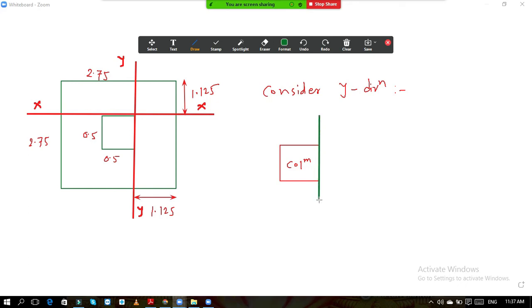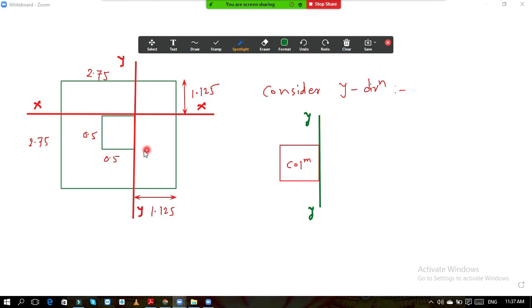This is your section YY. I am talking about this area here. So now if you see how much is the distance remained, this is the critical section YY. Here we have shown the column and the critical section YY.